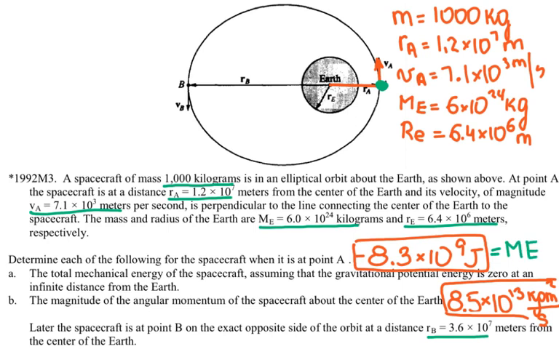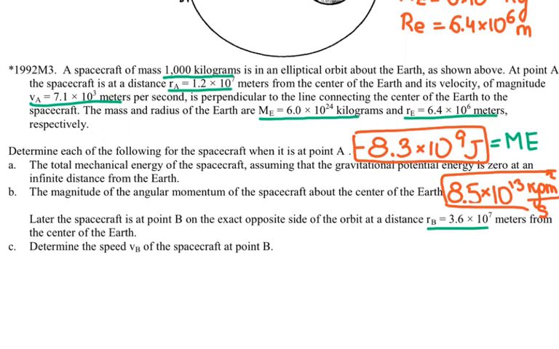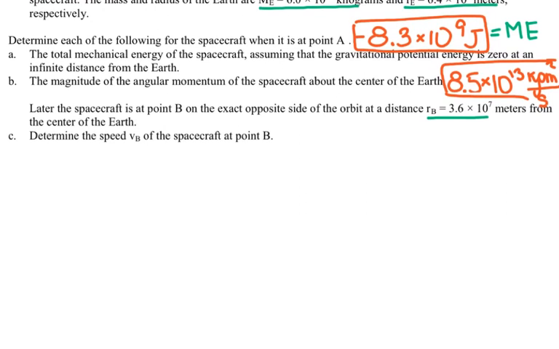And the mechanical energy of the system is not going to change no matter where the object is. So if I can calculate the potential energy of this object and subtract it from the mechanical energy, I will know how much kinetic energy is left. And from there I can figure out the speed. So I'm going to come back right here, and I'm going to say the potential energy of the object.